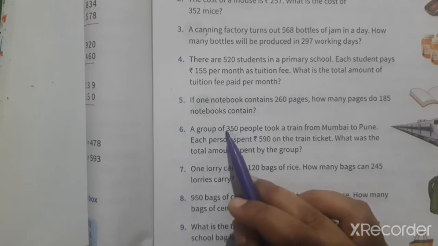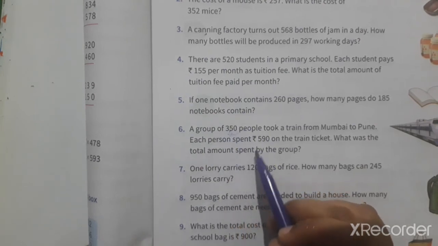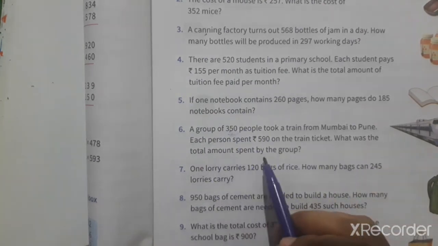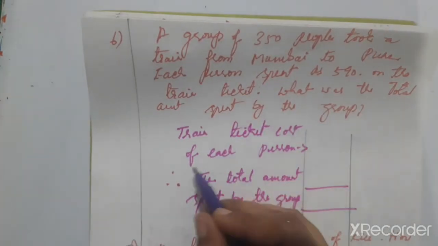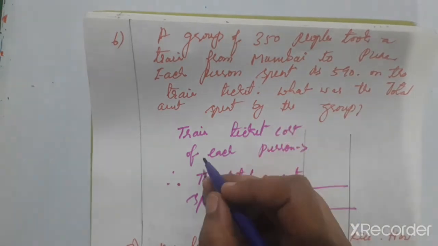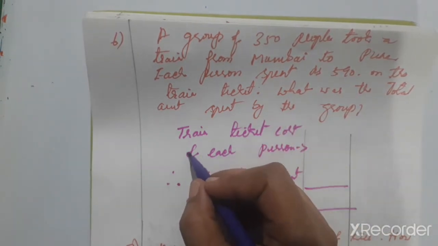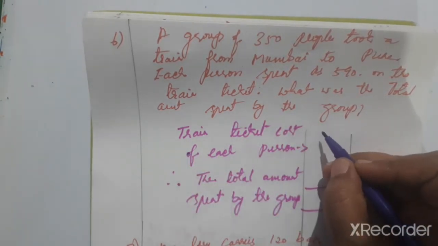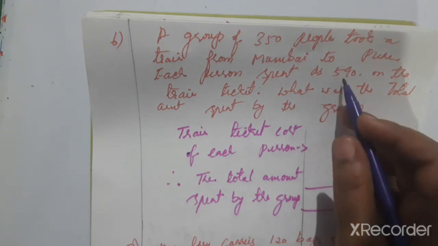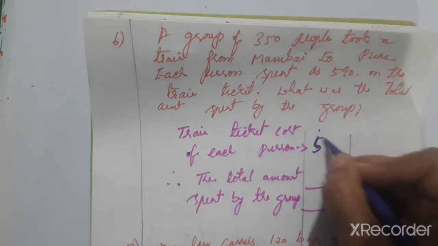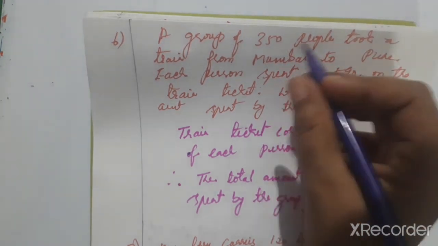So a group of 350 people. What was the total amount spent by the group? Now the sentence: ticket cost of each person, how much? 590 rupees. Okay, so how many people?